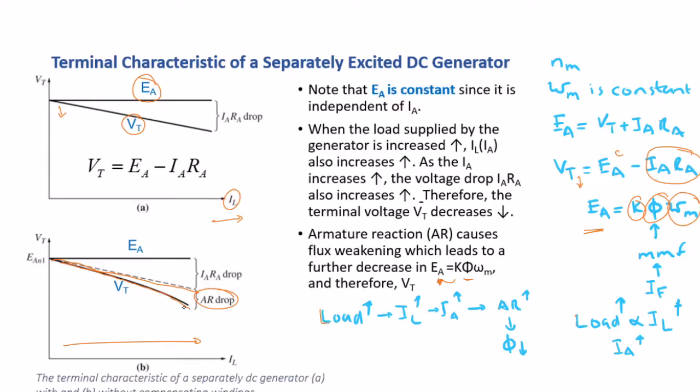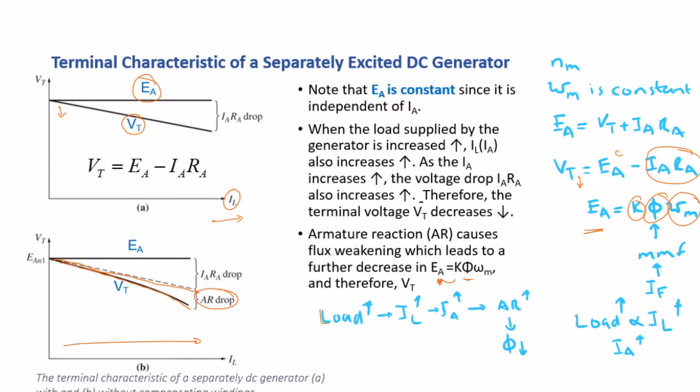And if you compare the second plot with the first plot, the Vt is actually lower than before. The Vt on the second plot is lower than the Vt on the first plot, and the drop will be larger when the load is larger.